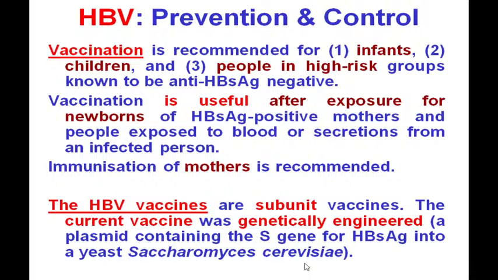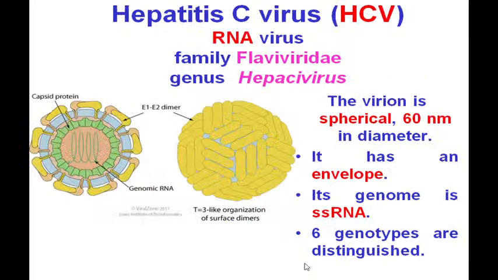When we culture them in large volume in liquid medium, the HBs antigen is expressed, produced and released into the medium. Then we take the medium, purify and concentrate the HBs antigen from there, and use it as the antigen in the subunit vaccine. That's it, and I would draw some attention to the hepatitis C virus because it's also very important.